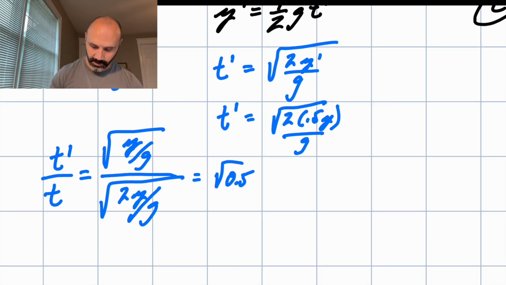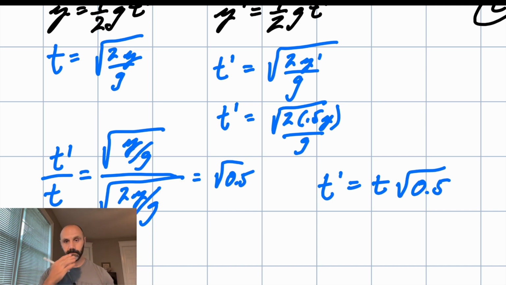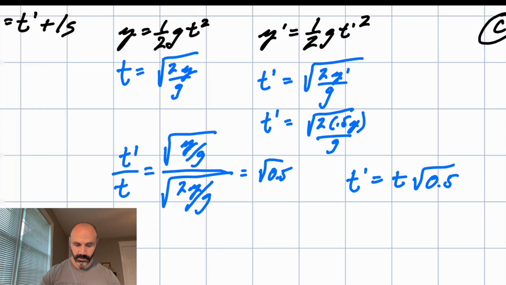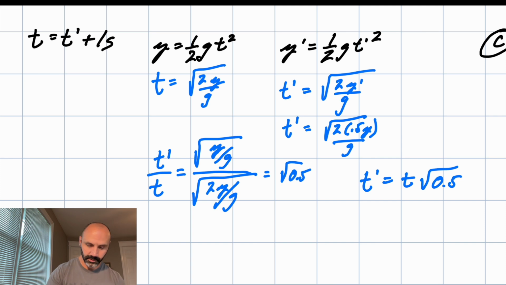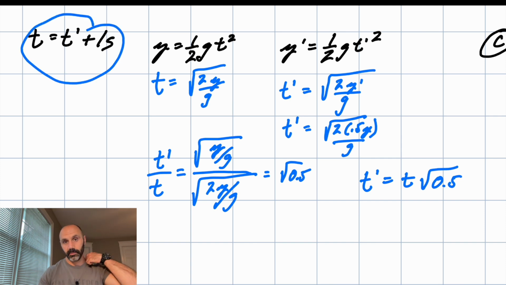Now, that means that t prime is equal to t times the square root of 1/2. Okay, well, that works because now I have this other equation over here where I have t and t prime related to each other. I can plug that in.